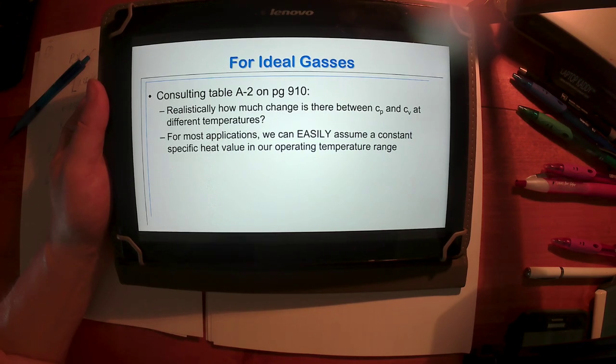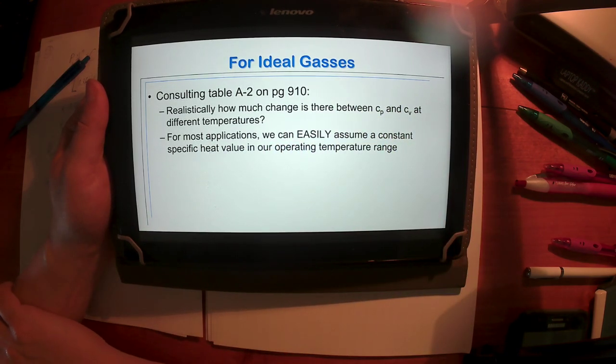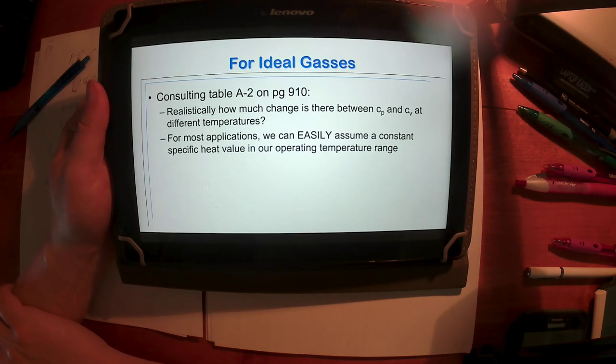So the first significant figure is always correct and does not ever change, and very rarely does the second significant figure change. The only thing that's going to change for C sub P and C sub V as you change temperature is going to be the third, fourth, maybe the fifth significant figure. So not a huge change in specific heat as temperature changes, especially over a small temperature change.